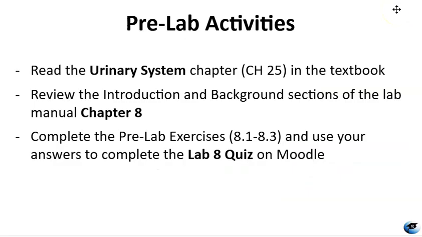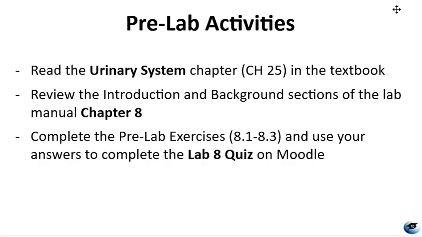So as usual for the pre-lab, begin by carefully reading chapter 25 in the textbook. That's the structure and function of the urinary system. Focus on understanding how the kidneys, ureters, bladder, and urethra work together to filter blood, form urine, and maintain fluid and electrolyte balance. Then you will want to review the introduction and background sections of Chapter 8 in your lab manual.